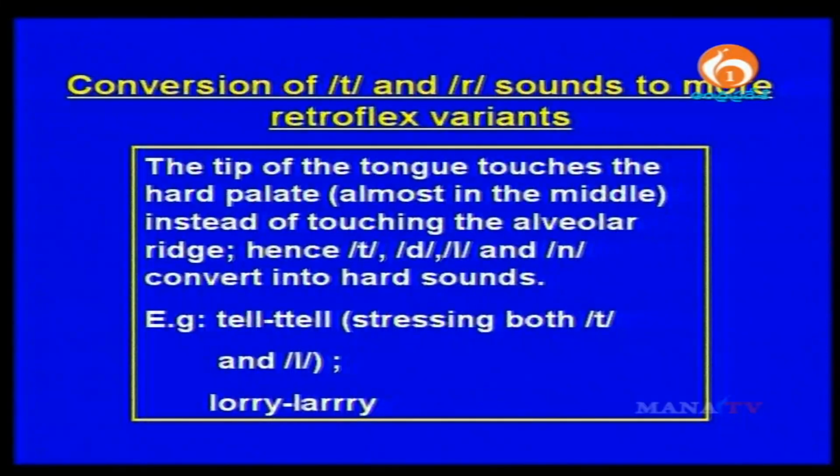Let us now take a look at what actually creates these incorrect forms coming in. Let's look at some of these variations or certain strategies people adopt to bring in incorrect pronunciations. Some of us tend to convert t and r sounds to what we refer to as retroflex variants. What happens here is the tip of the tongue touches the hard palate, almost in the middle, instead of touching the teeth ridge.